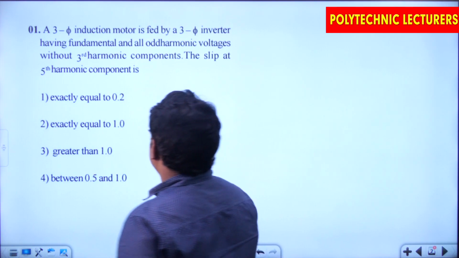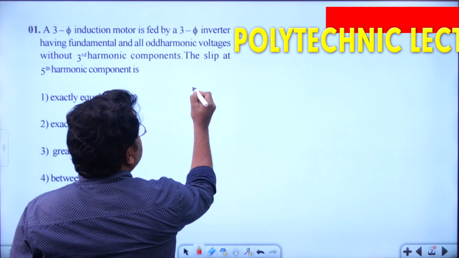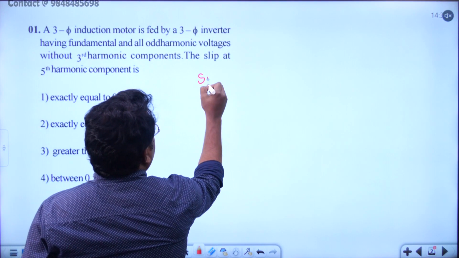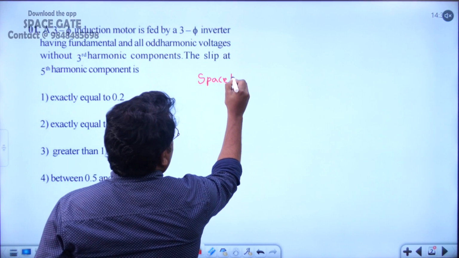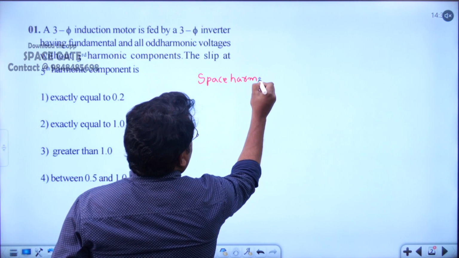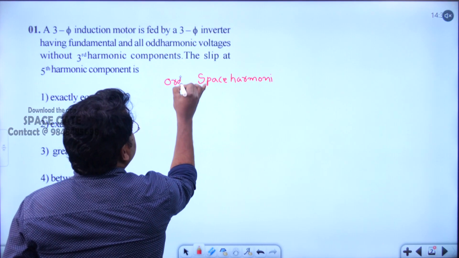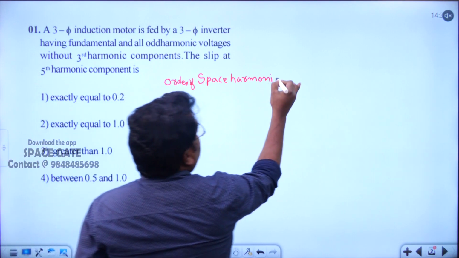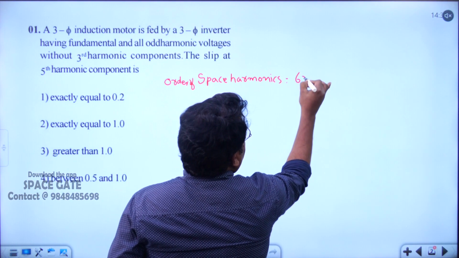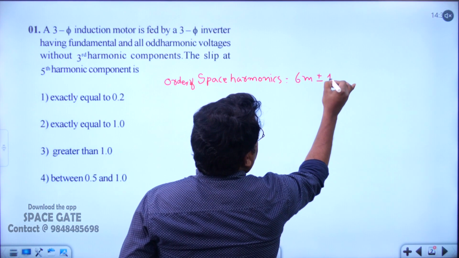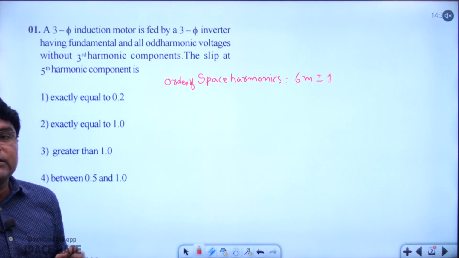How do we solve this question? We know the space harmonics in a three-phase induction motor. The order of the space harmonics is equal to 6m plus or minus 1, where m is some integer.